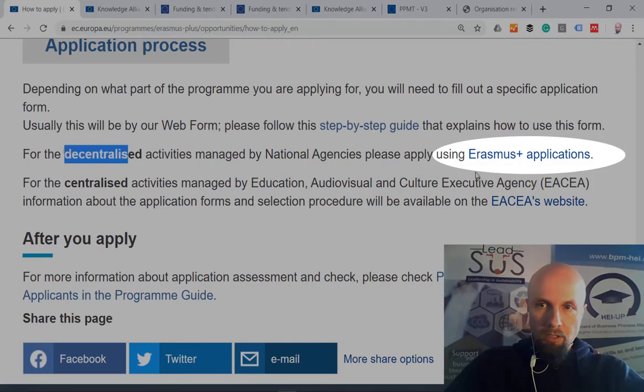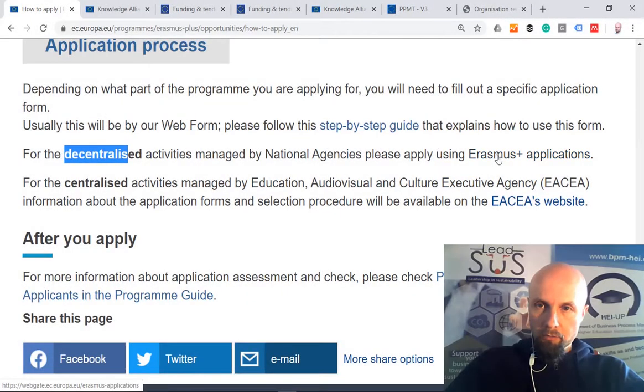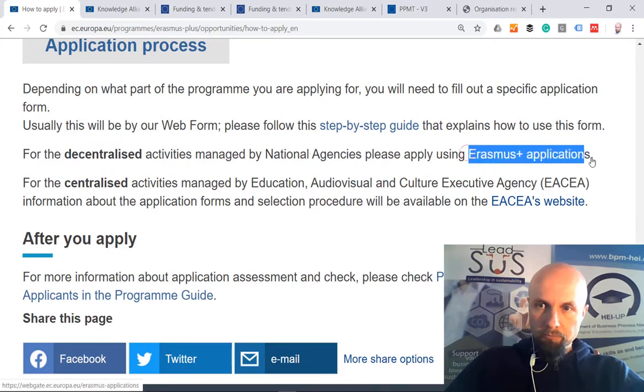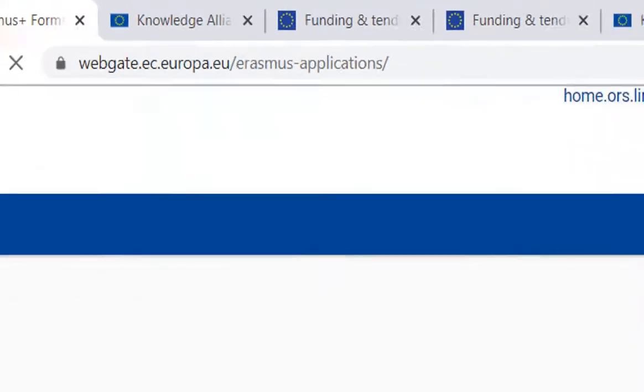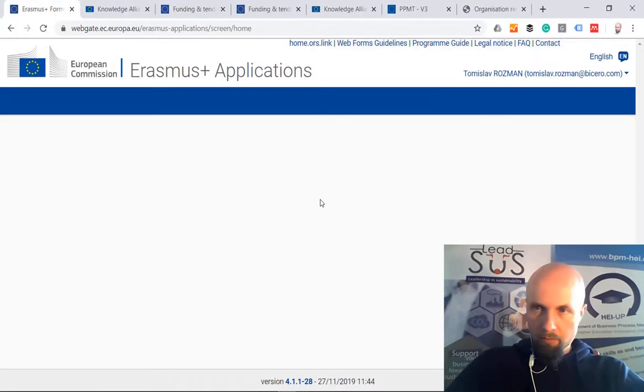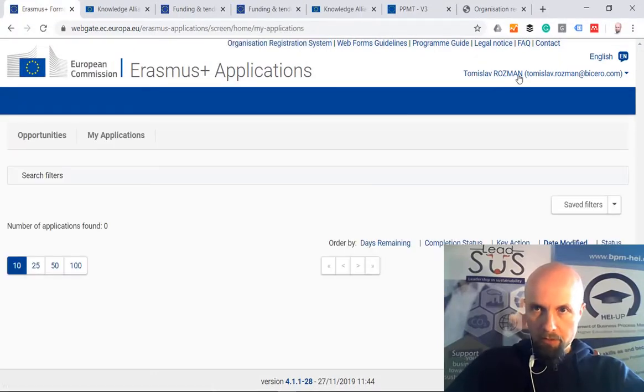So I will go to the funding and tenders portal, which is webgate.ec.europe.eu, and I already have a username and password and I'm automatically logged in.